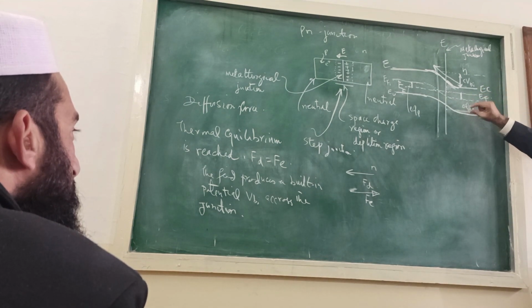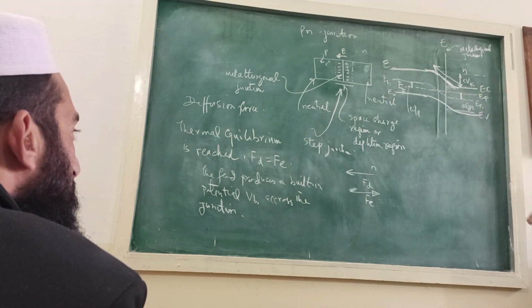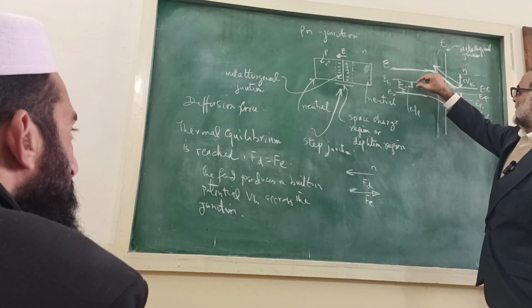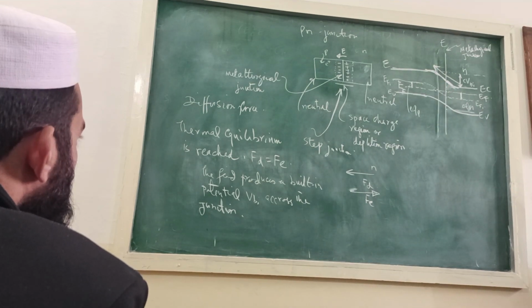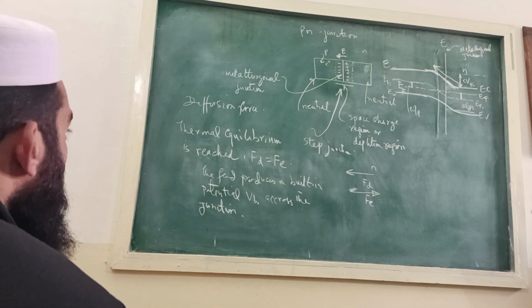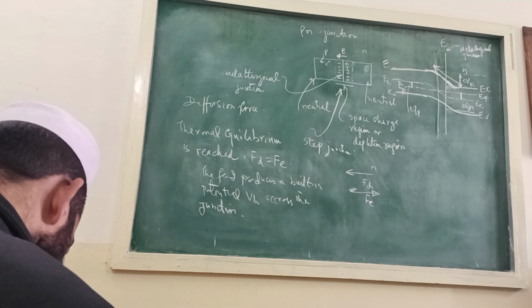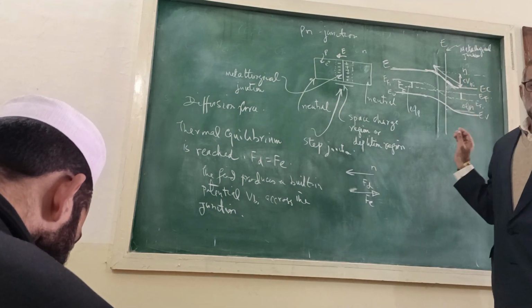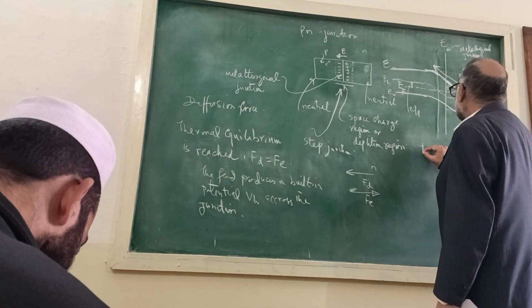This shows the difference in energy between the two Fermi levels, the intrinsic Fermi level and the extrinsic Fermi level. So now this is the situation that we call equilibrium.